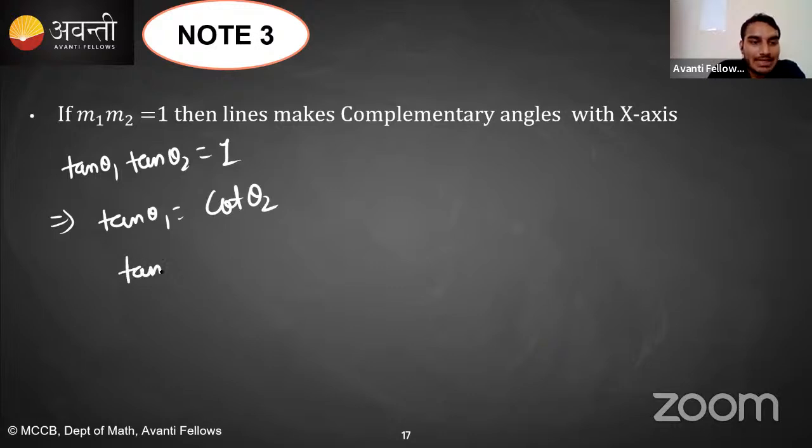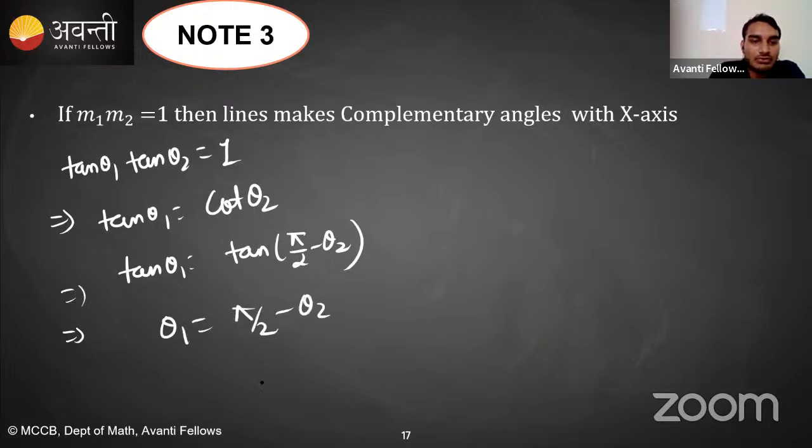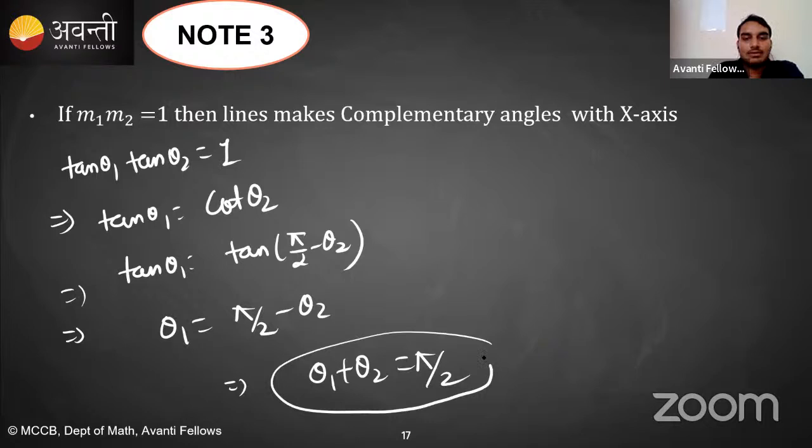So tan theta 1 is tan of pi by 2 minus theta 2, right? So theta 1 is nothing but pi by 2 minus theta 2. It implies theta 1 plus theta 2 is pi by 2. Right? So this is the same thing I have written here.